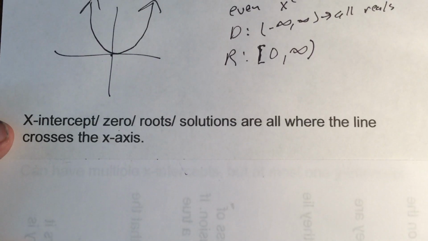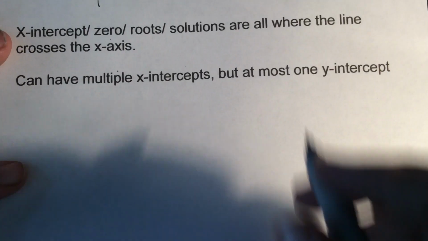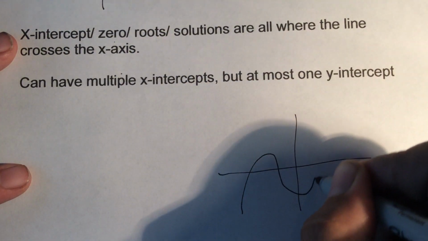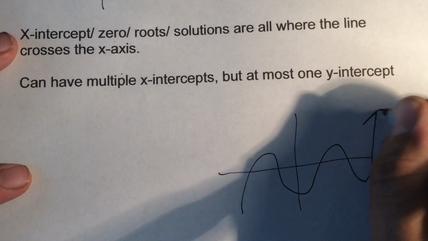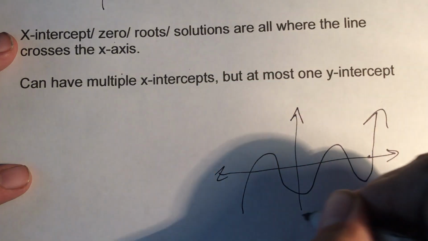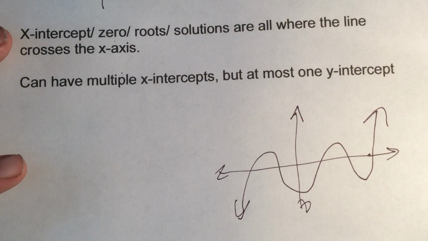So, x-intercept, zeros, root solutions, all where the line crosses the x-axis. Now, with this, you can have multiple times where we cross that x-intercept at the x-axis.